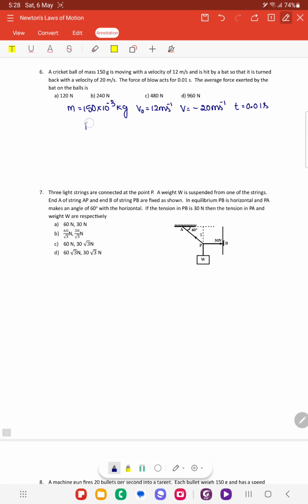We have impulse F into T given by the change in momentum, m into v minus v naught.